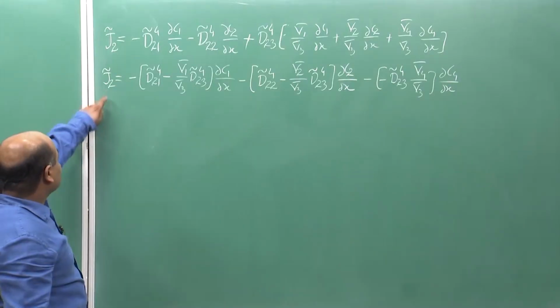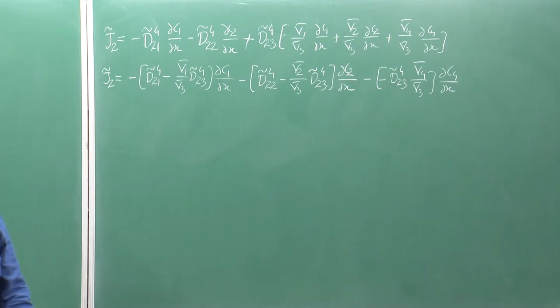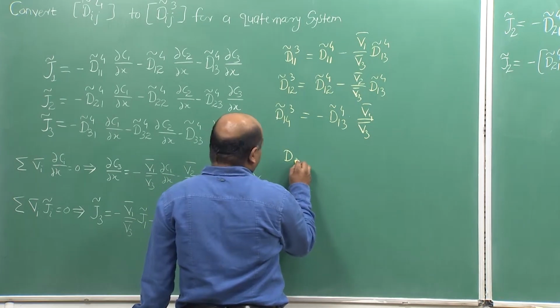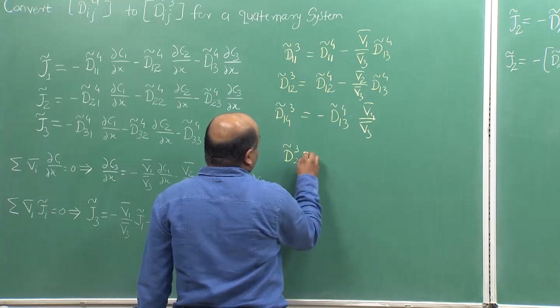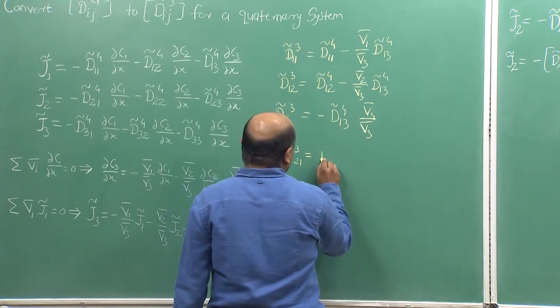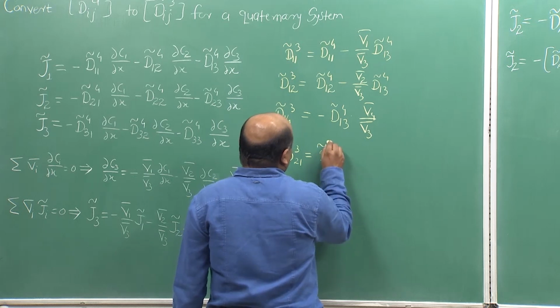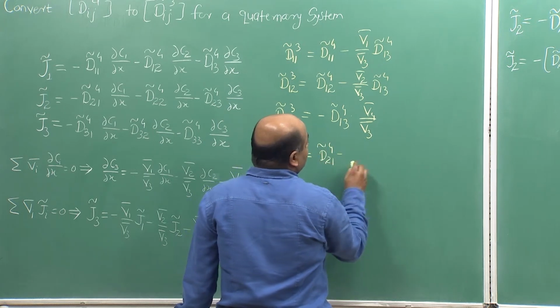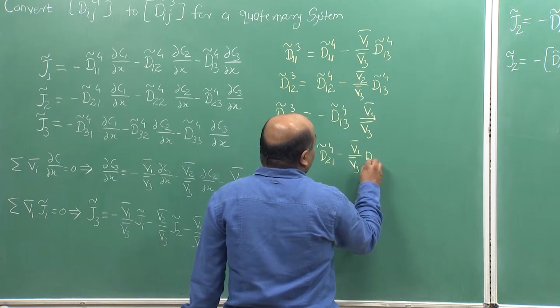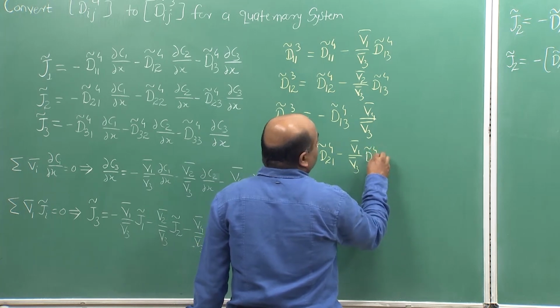Now, we can also write J2 tilde in terms of component 3 as dependent, and if we compare the corresponding coefficients, we get D21 tilde 3 is equal to D21 tilde 4 minus V1 bar over V3 bar into D23 tilde 4.